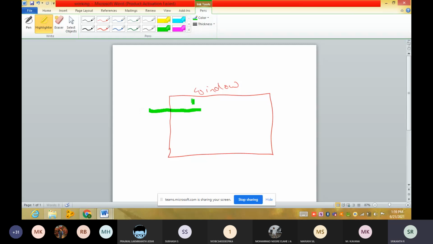One point is lying outside the window and the second point is lying inside the window. Outside, inside. This is the first case.